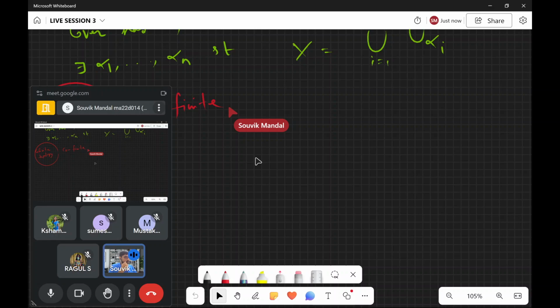So the cofinite topology. Is anybody able to remember the definition of this? Any subset of X is open if it is empty or its complement is finite. Correct. And that is how the topology is defined: all those subsets of X whose complement is finite.